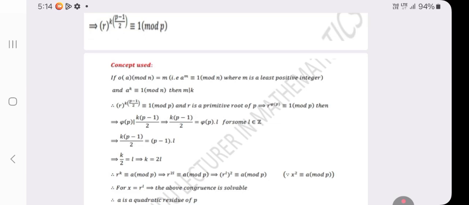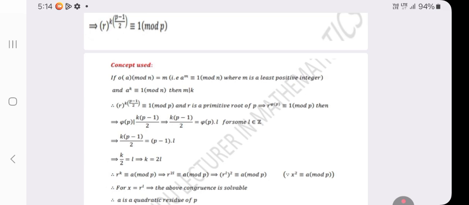That implies K times P minus 1 by 2 is equal to phi of P times 1. So we have K times P minus 1 by 2 is equal to P minus 1. In other words, K by 2 equal to L, that implies K equal to 2L.